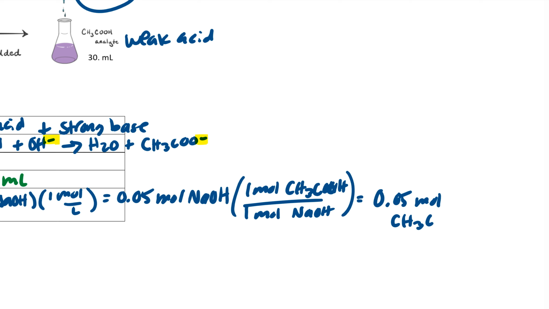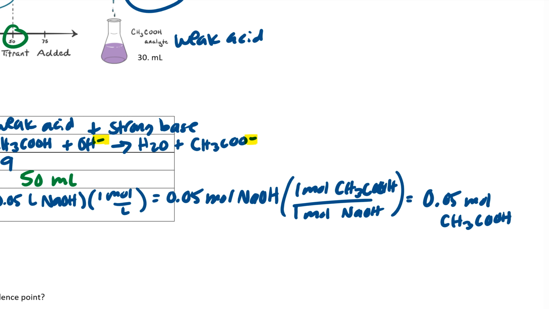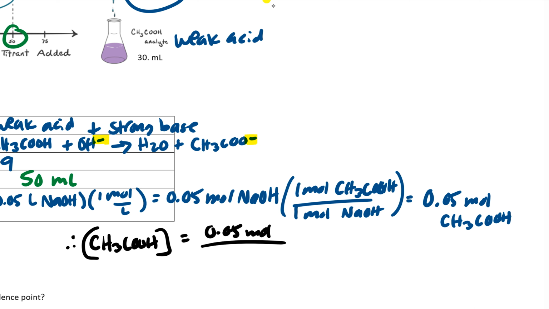Now using that, you're going to calculate the molarity of the acid, the amount of moles divided by its original volume. That's what we were trying to figure out, the original concentration of the starting acid that was in the flask. So therefore, your concentration of your weak acid is 0.05 moles over the original volume.